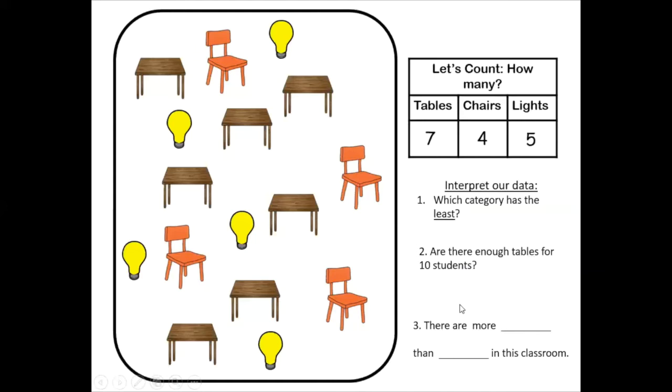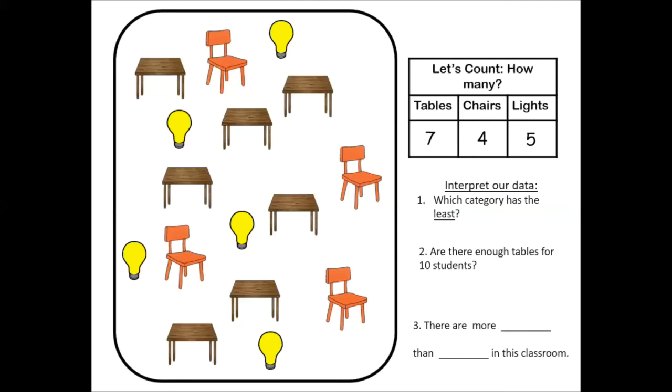Wonderful. Now we're going to interpret our data, which means to look further into the table, look at the information, and answer some questions. Let's see. Number 1, which category has the least? What's that word least mean? We learned it before.